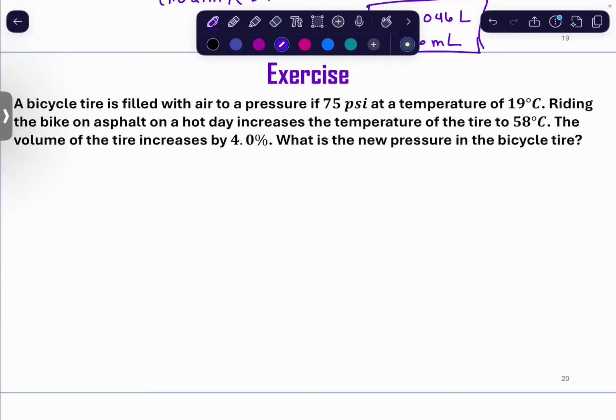Now we are going to work with the ideal gas law, and we're going to try and figure out what's constant versus what changes.